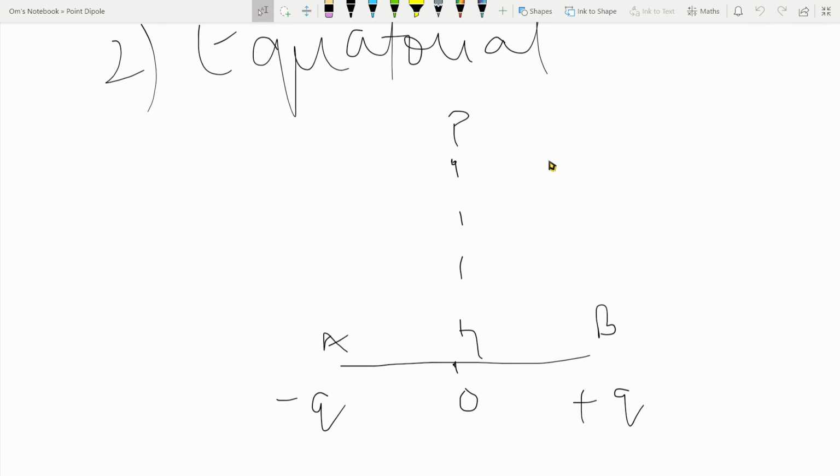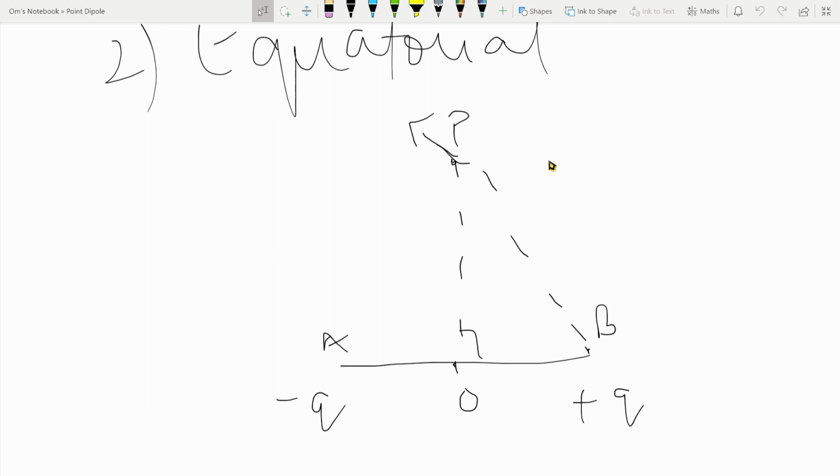Now, clearly, we know that the electric field due to a point charge plus Q always points away from the charge Q, right? So if you were to trace the line that's passing away from the point charge plus Q, we would find that the electric field due to plus Q actually points along this direction. And in the case of the minus Q charge, we know that the electric field always points into the charge, you could say.